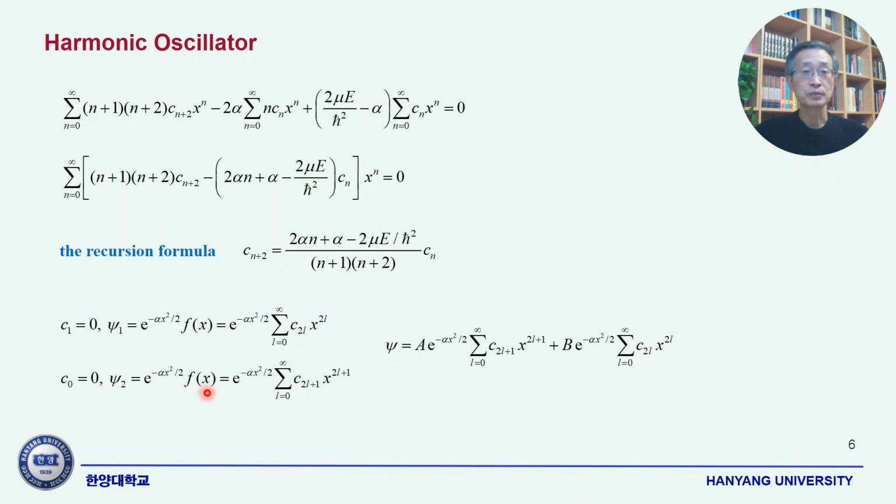So odd powered terms only, so that you have e to the minus alpha x squared over 2 times the sum from l equals 0 to infinity of c_(2l+1) x to the (2l+1) power. So the general solution is a coefficient a times the odd powered term plus b times the even powered term. This is the general solution to the Schrödinger equation of the harmonic oscillator.